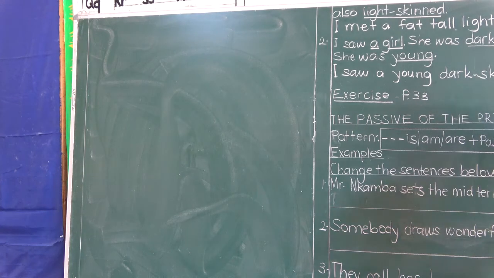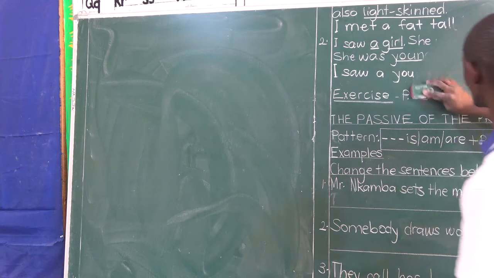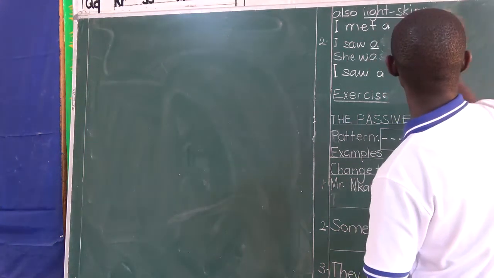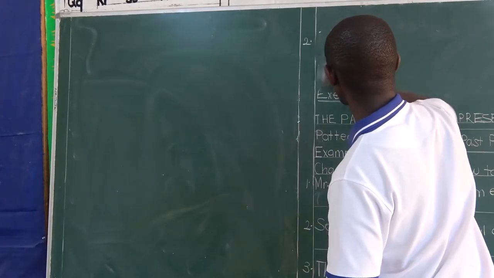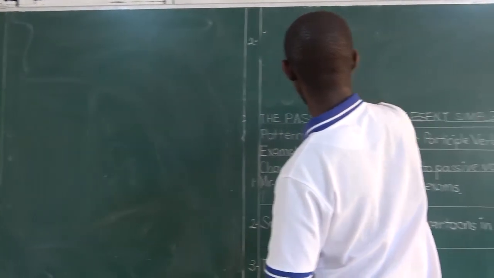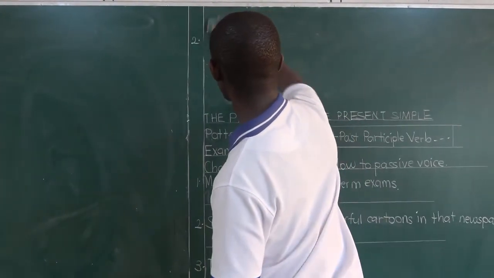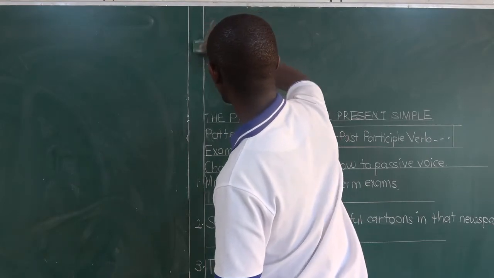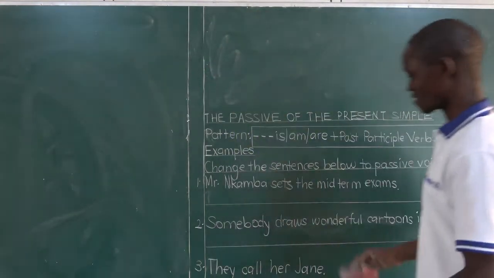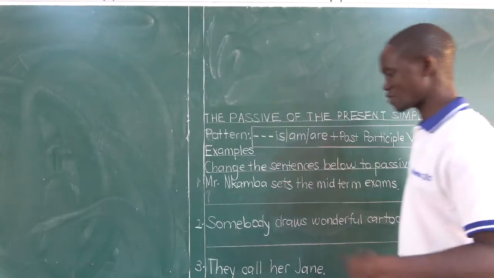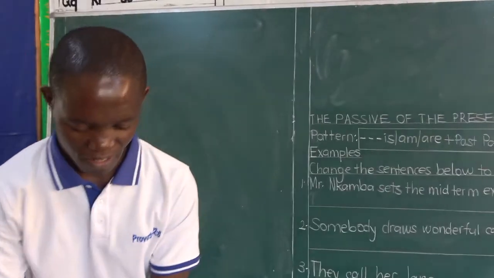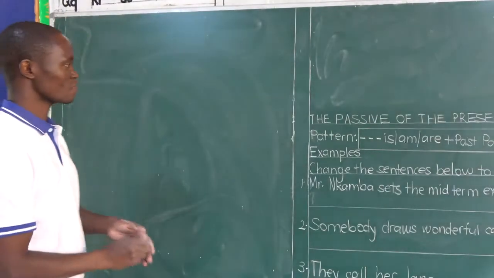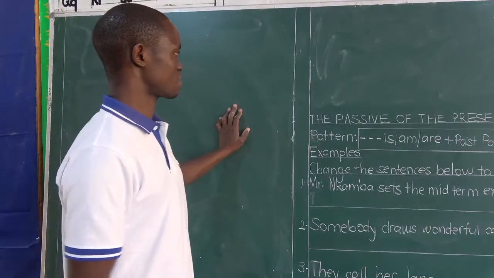So today we are looking at voices. In English we have two voices, the active voice and the passive voice. Most of us construct sentences, but we can't tell which voice we are using because we have not yet taken trouble to listen to teachers to get the meaning of active voice and passive voice.